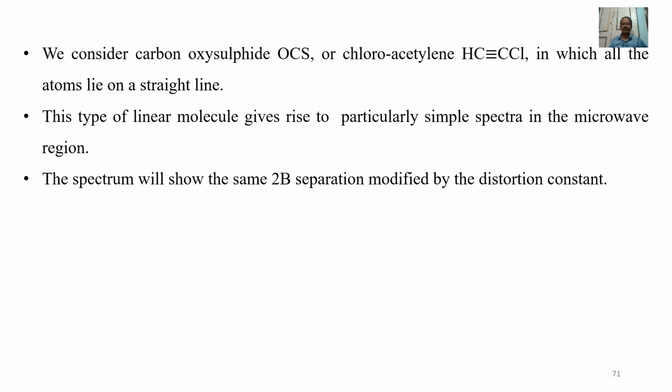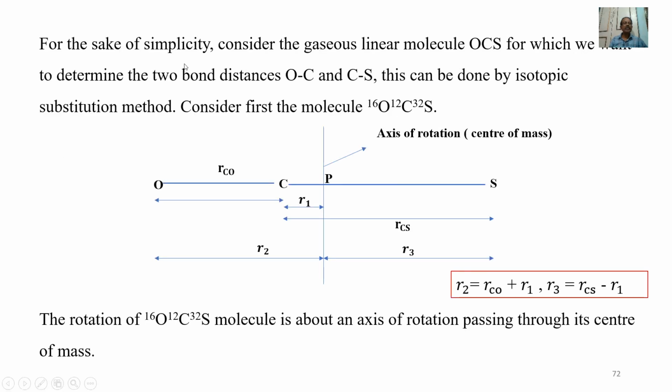For the sake of simplicity, consider the gaseous linear molecule OCS, for which we determine the two bond distances OC and CS. So we are going to determine the bond lengths between OC and CS. This can be done by the isotopic substitution method.